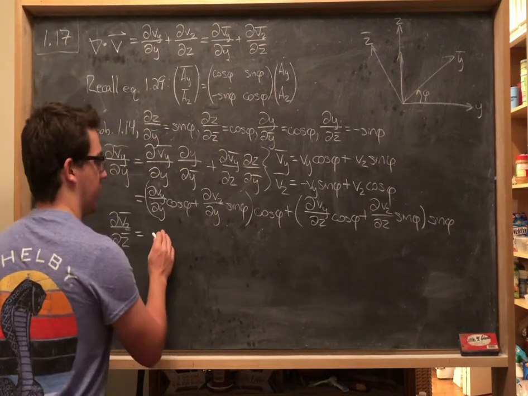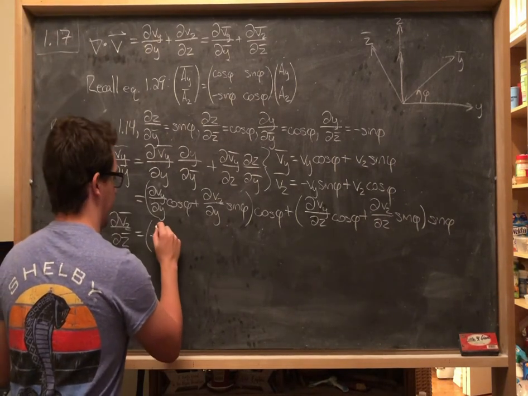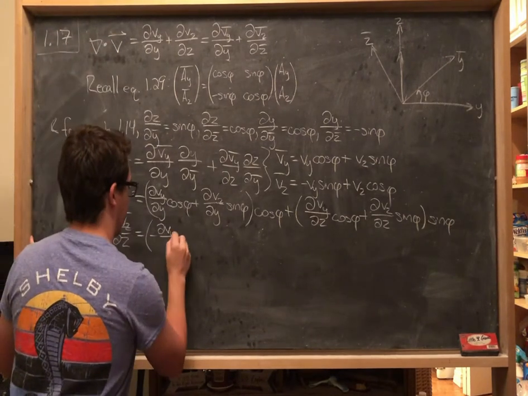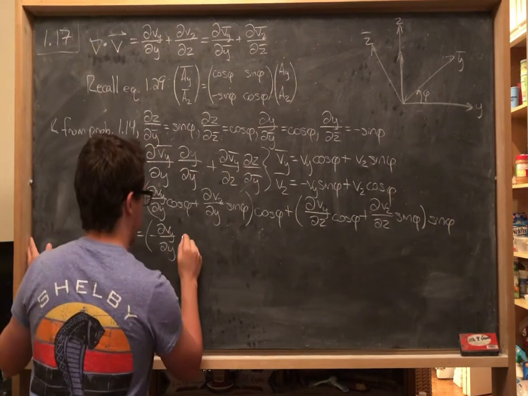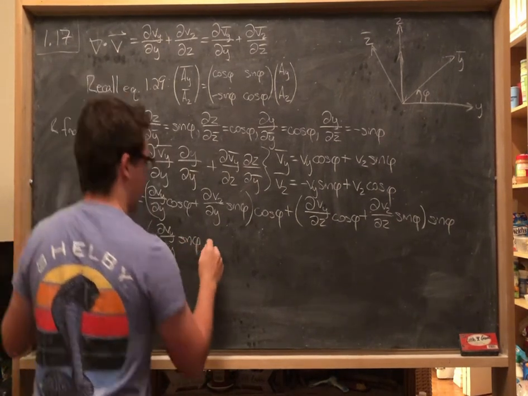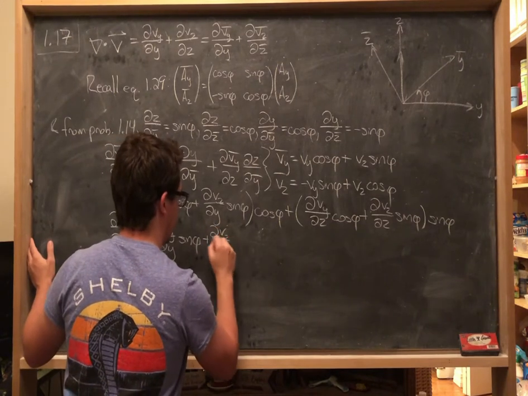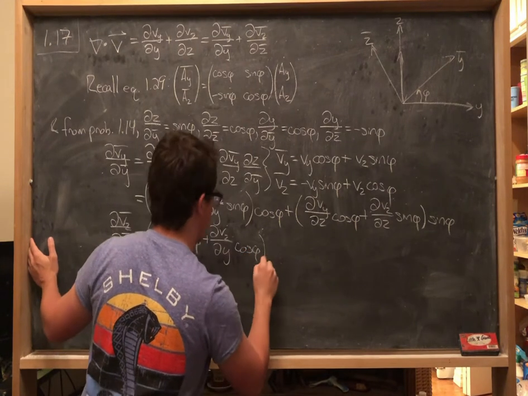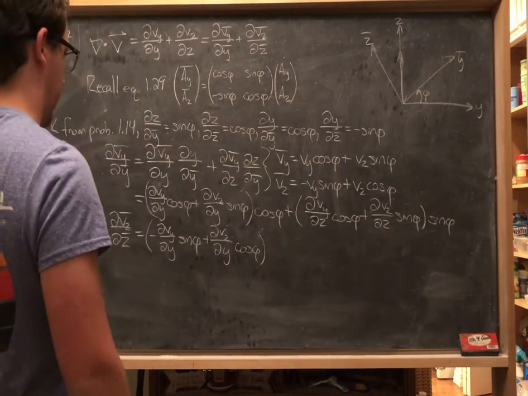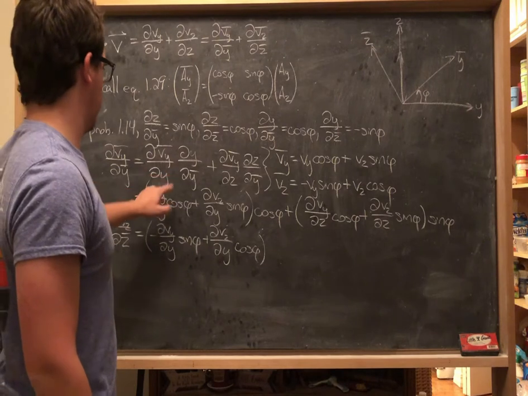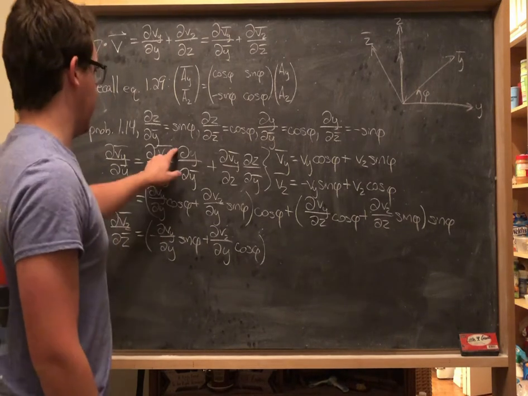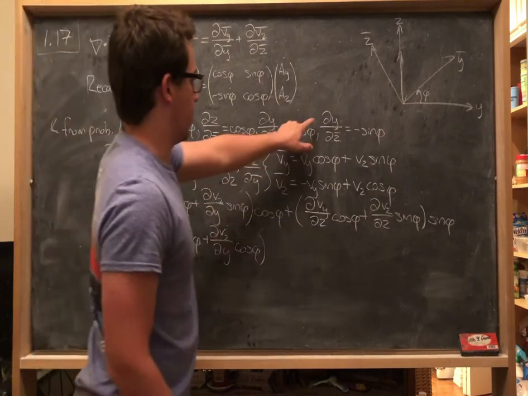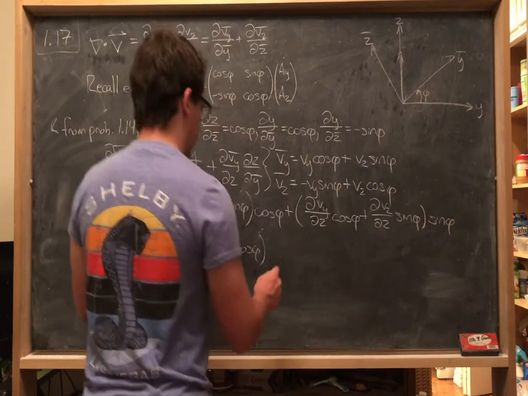So that'll be minus d vy dy sine phi plus d vz dy cosine phi, and then it would be multiplied by dy dz bar, excuse me, which is minus sine of phi.